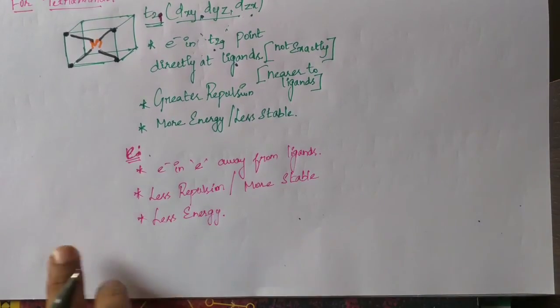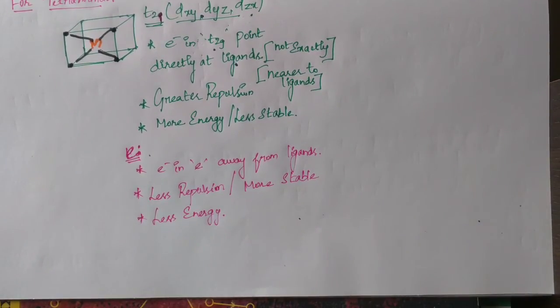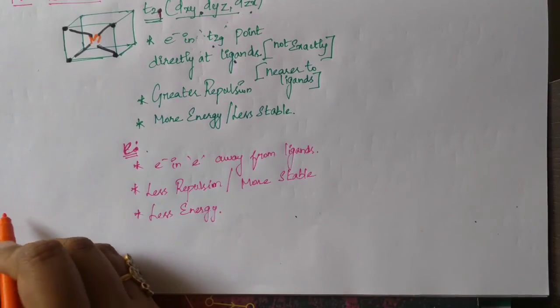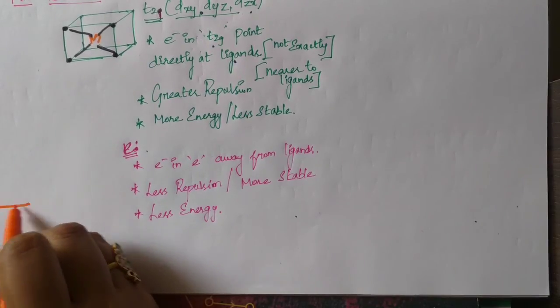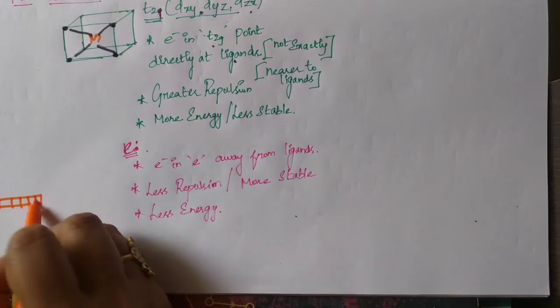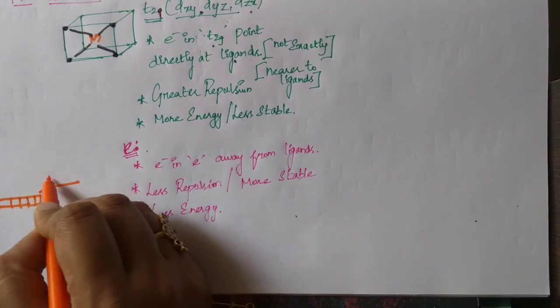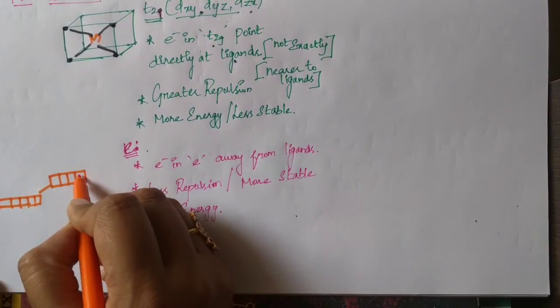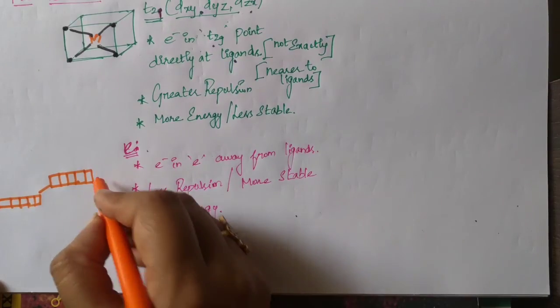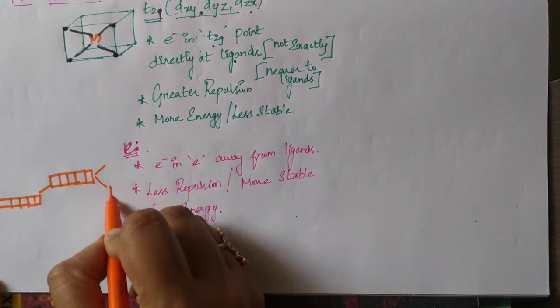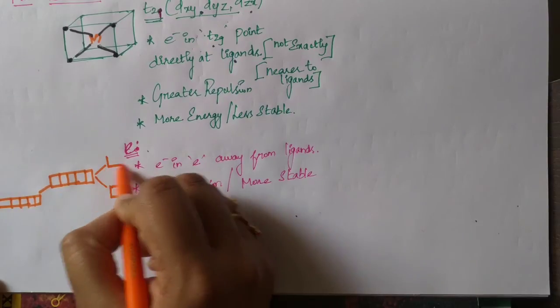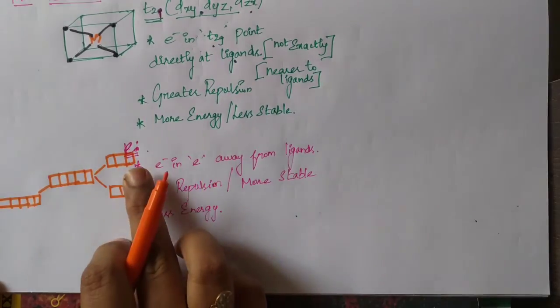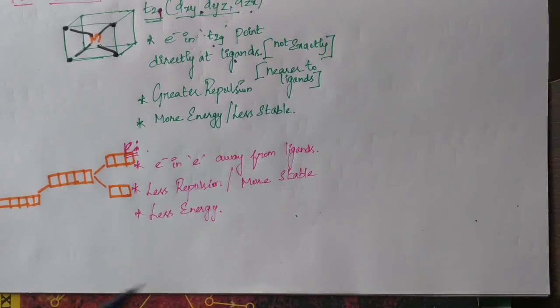Okay, students. So now the degeneracy is lifted. So when it splits, here e is there, here t2. Clear, students?